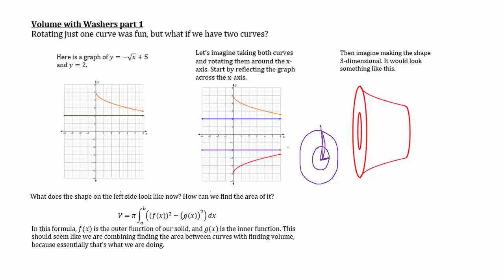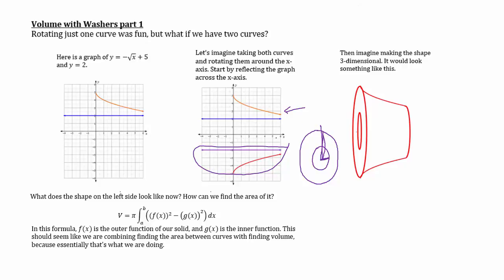But if they had given us this originally and told us to rotate it around the x-axis, then actually we'd use the red line, which is on the bottom, as our outside, and the purple line, which is on top, on the inside. Most of the time they'll probably give it to us this way, but just in case, instead of thinking of it as top and bottom, we want to think of it as which function is giving the outside of my figure and which one is giving me the inside of my figure.